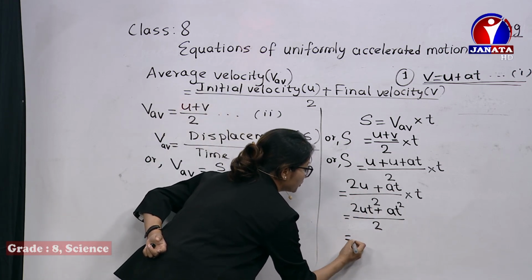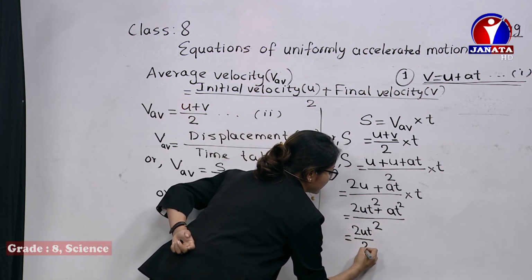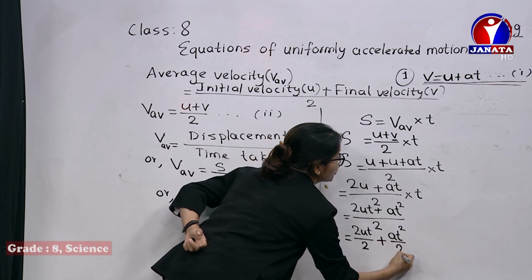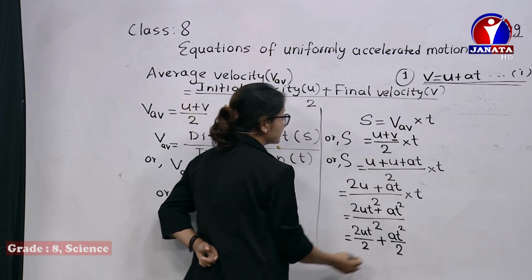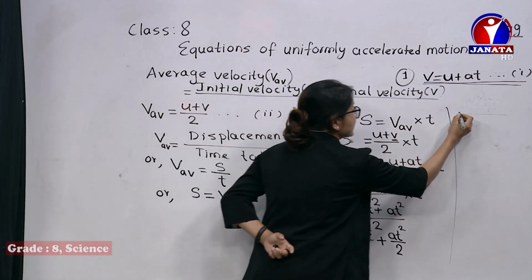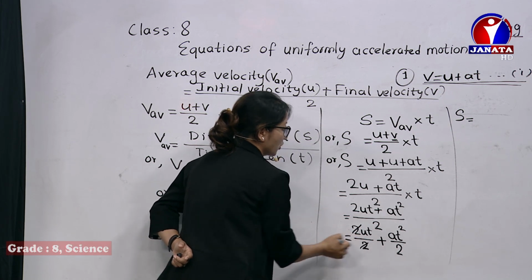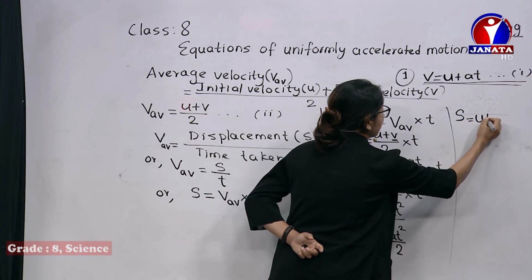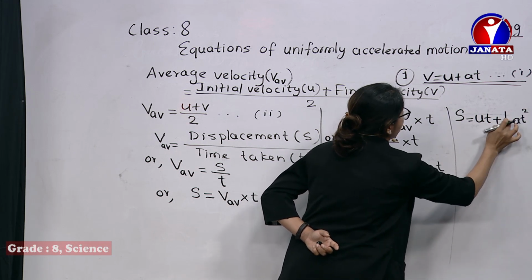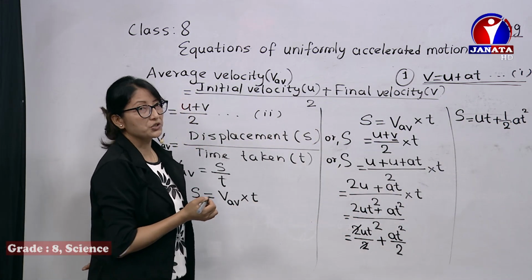So we have 2ut over 2 plus at square over 2. So S is equal to, if I cancel this, ut plus 1 by 2 at square. So our another equation is solved.